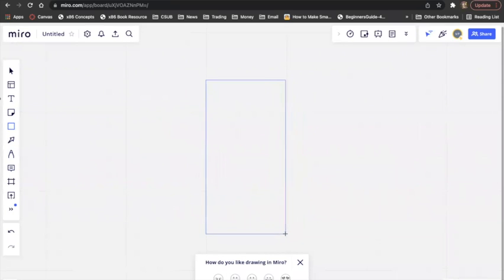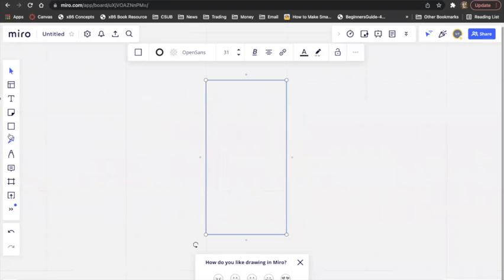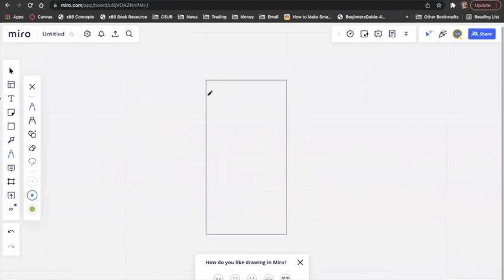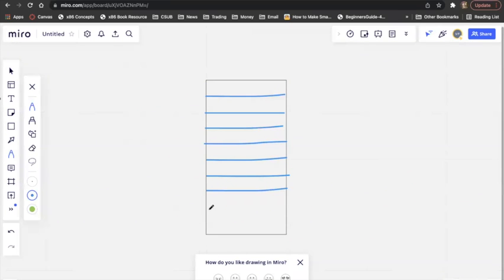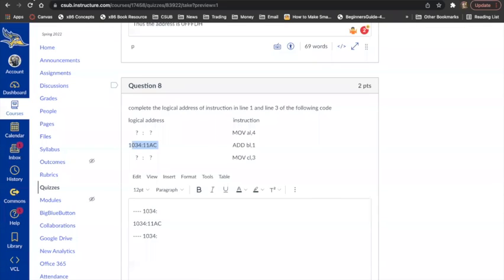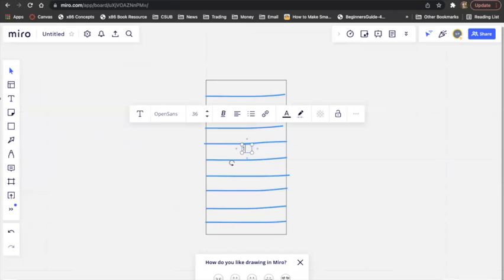So let's say this is the code segment, right? We'll draw the offsets in this code segment. There you go. Let's say this is the code segment and the address is 11AC somewhere here. So that's the line 2 instruction from the code.